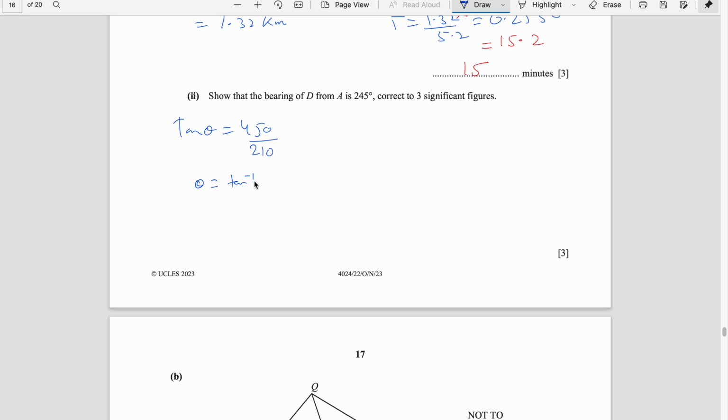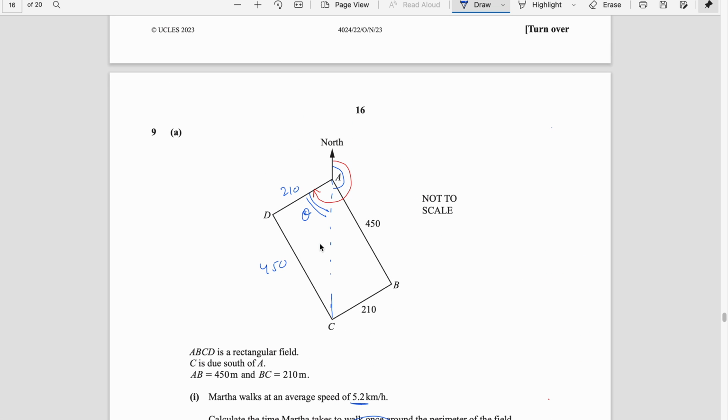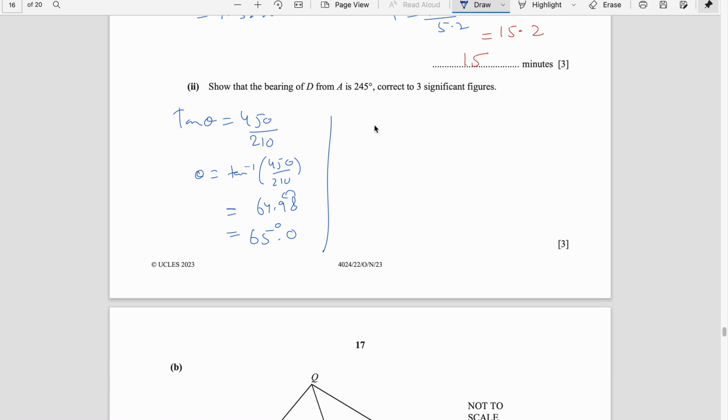Theta equals tan inverse of 450 by 210, and I get 64.98. Observe that when I round off, it becomes 65 degrees. So if this angle is 65, the bearing should be 180 plus 65, so 180 plus 65 is 245 up to 3 significant figures. Shown.